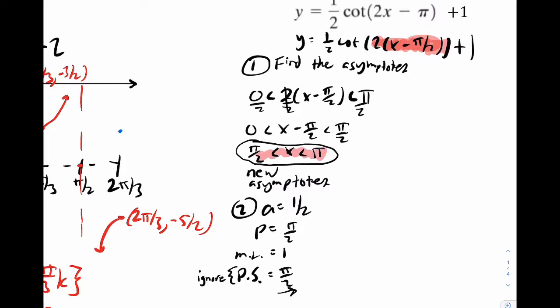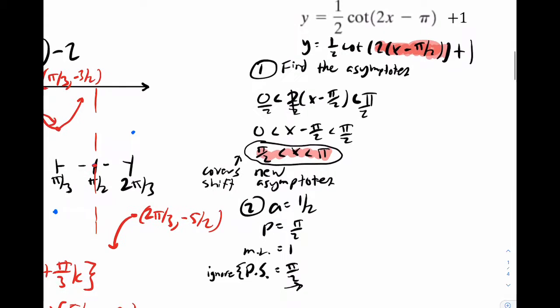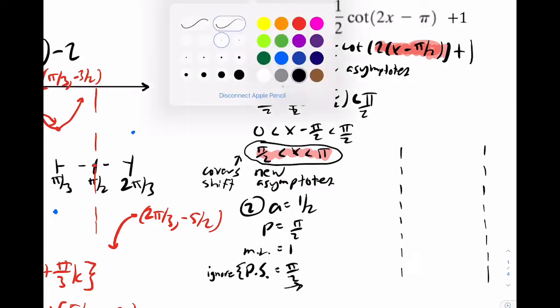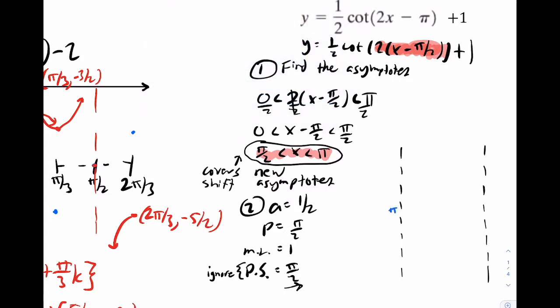The beauty of this technique is we actually already shifted it, so this actually covers the shift. That's really nice about the technique. Meaning, when I draw in my asymptotes right now, I'll draw that in for you. By making this pi over 2 and pi, I'm effectively shifting the graph right now, so we're just saving ourselves some time.